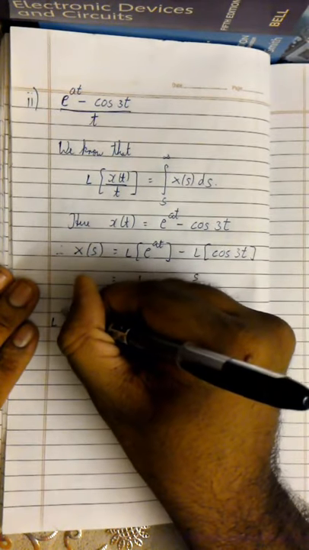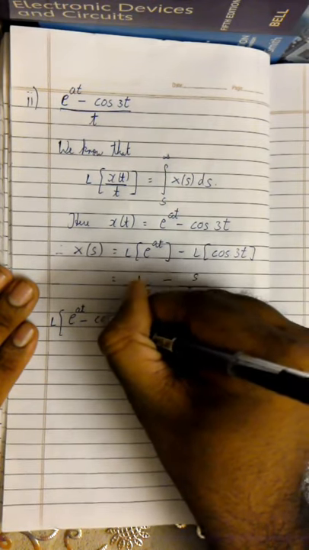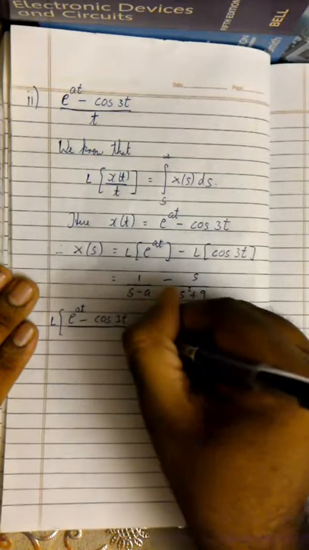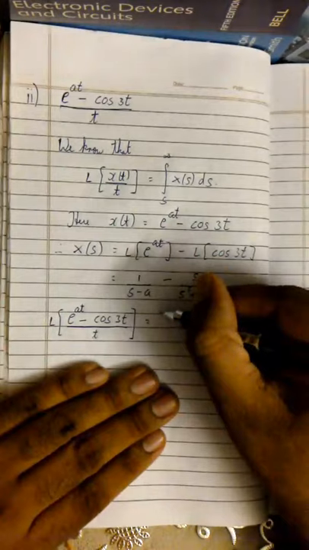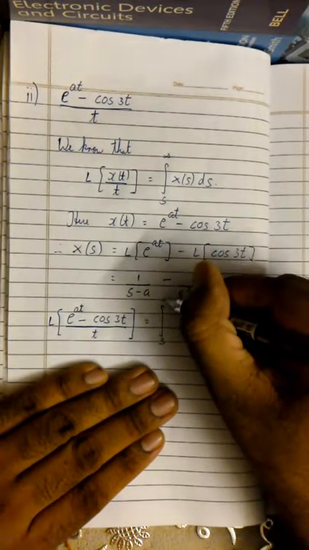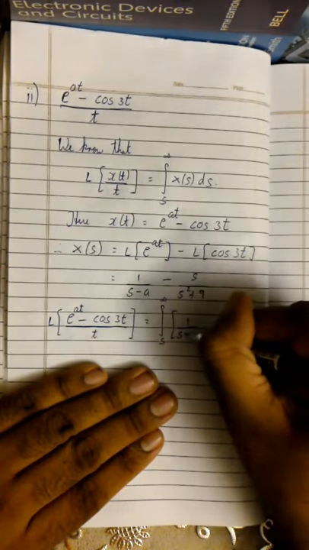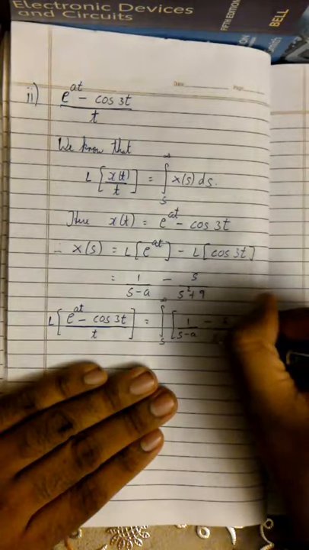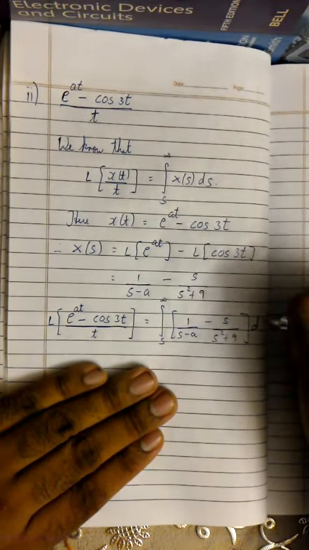So the Laplace transform of e raised to at minus cos 3t by t is nothing but the integral from s to infinity of 1 by s minus a minus s by s square plus 9, ds.